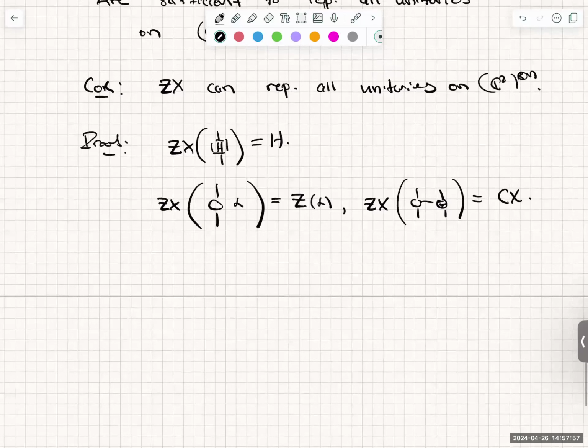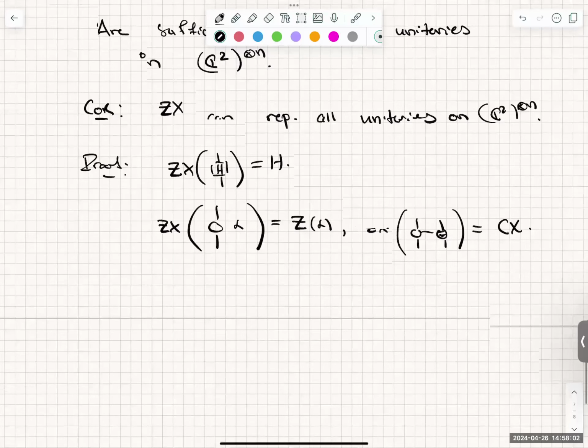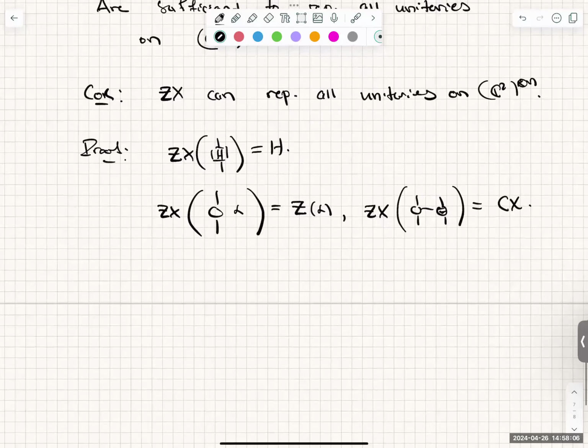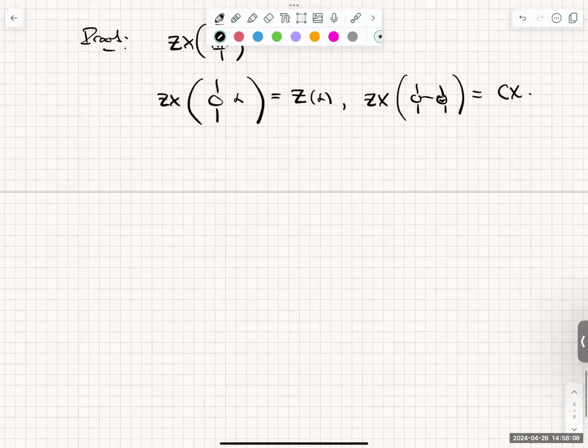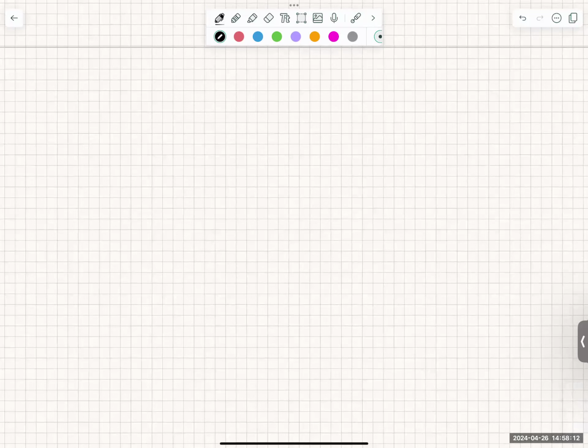So you can represent all of these primary constituents in terms of the ZX calculus as well. You could say that ZX calculus is universal for quantum computation. Some sort of phrase like that is not incorrect.